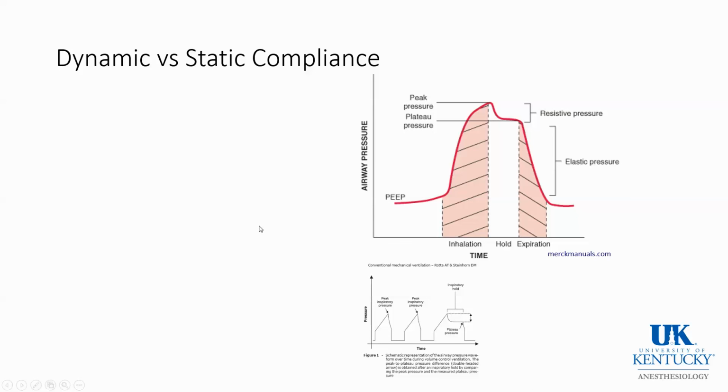The idea of dynamic versus static compliance. This is the argument for putting a patient on a volume mode of ventilation with a plateau inspiratory hold. It gives you an idea of the difference between the static compliance and the dynamic compliance. So what does this mean?